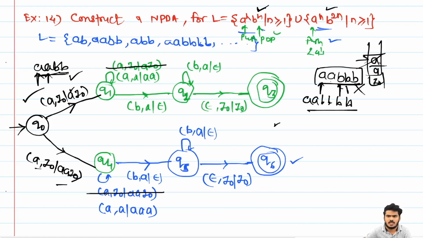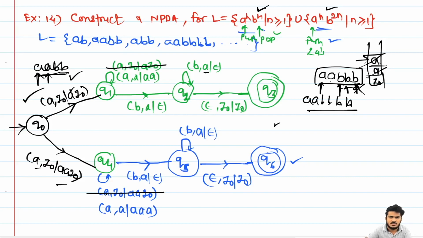For this B also I have to pop 1A, and now I am left with B, and I need the top of the stack to be A, but the top of the stack is now Z naught. So for B on Z naught, there is no such transition available. So I am not ending in a final state, I am ending in a dead configuration.